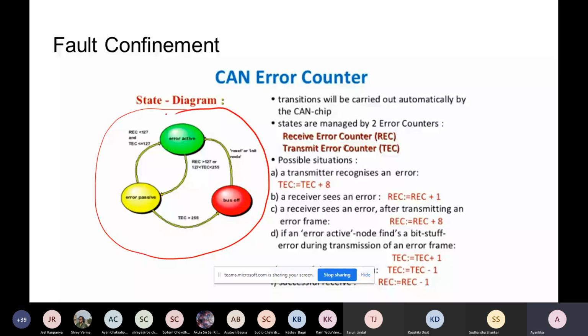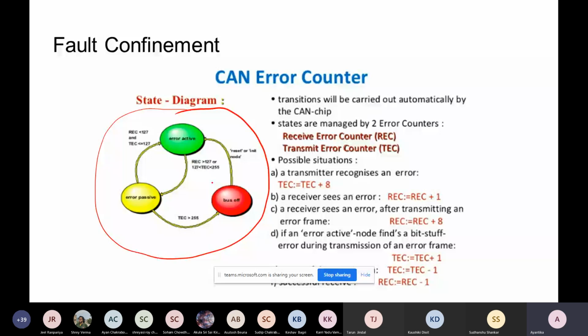Any CAN node can be represented by three major states: either error active, error passive, or bus off.